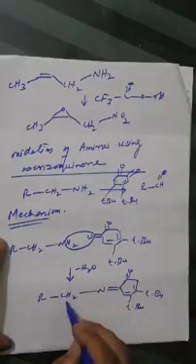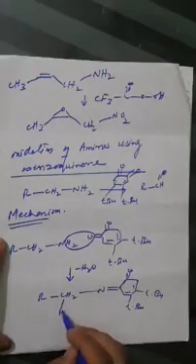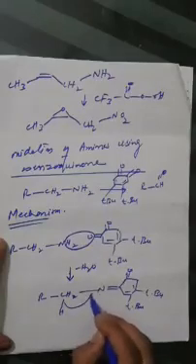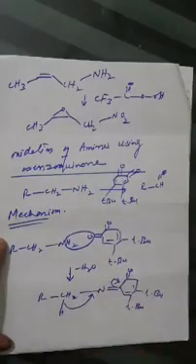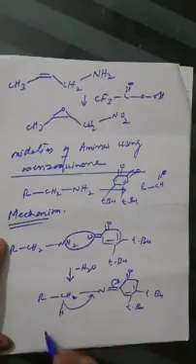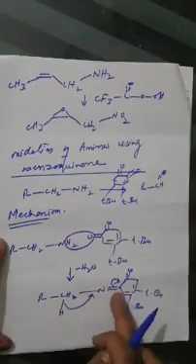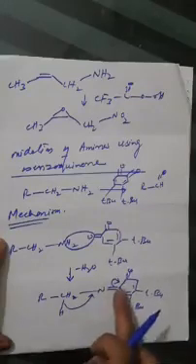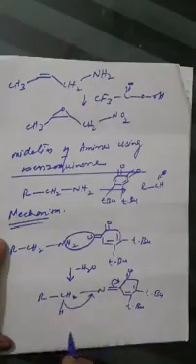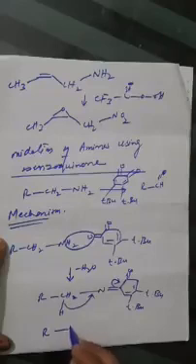What happens next? When this bond moves here, this bond moves here, and then when this bond moves here, the carbon will get a negative charge, it abstracts this hydrogen, so you get this species.